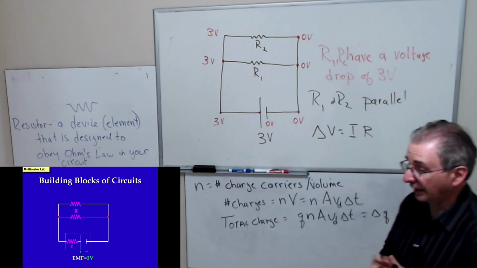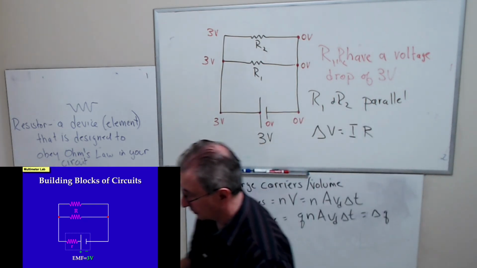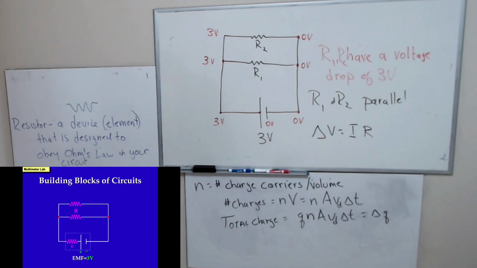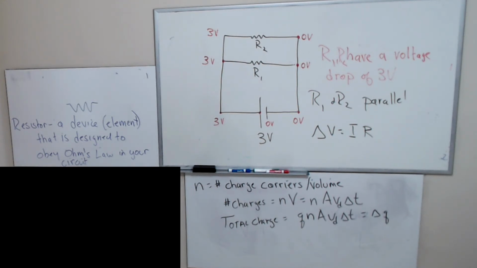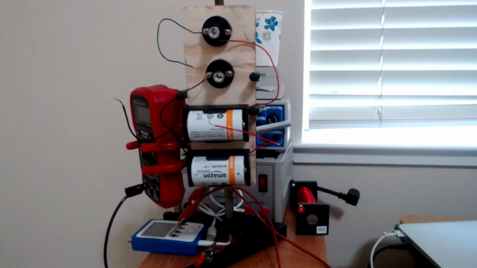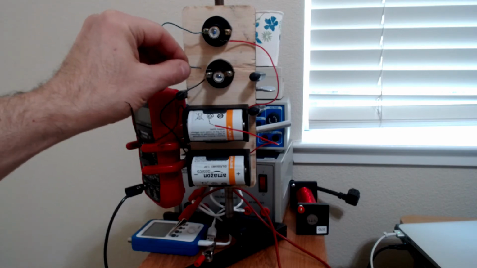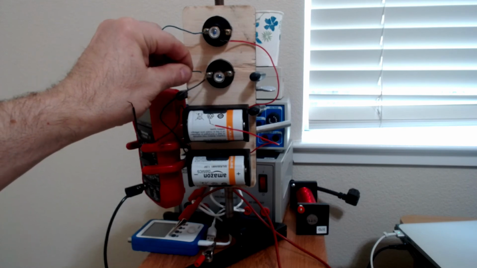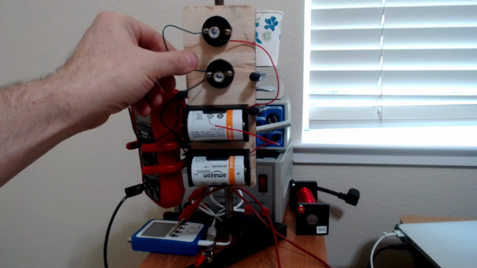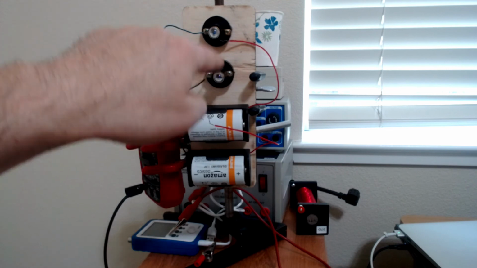So let me try to wire the 2 bulbs in my circuit in parallel. Let's try this. Okay, so I'm going to connect, if I can keep that in place, this one to this one.